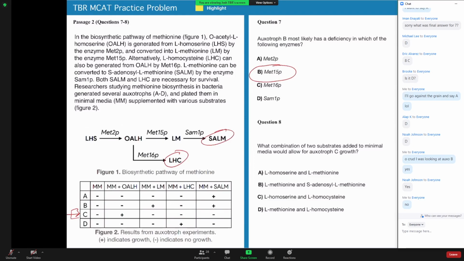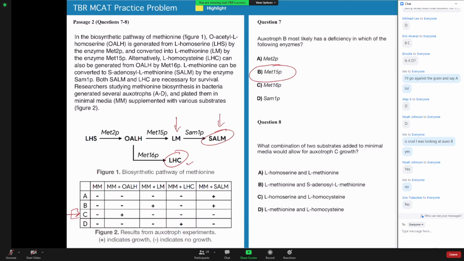L-homoserine and L-methionine, right? So L-methionine, feed here. Does that allow it to grow? I don't know. What about L-methionine and S-adenosyl-L-methionine? That would be this one and this one. But then how do we get to LHC?